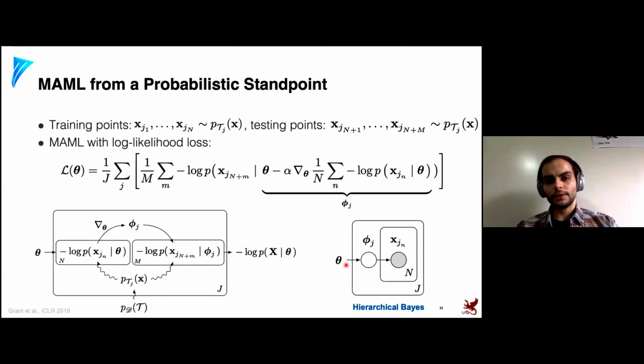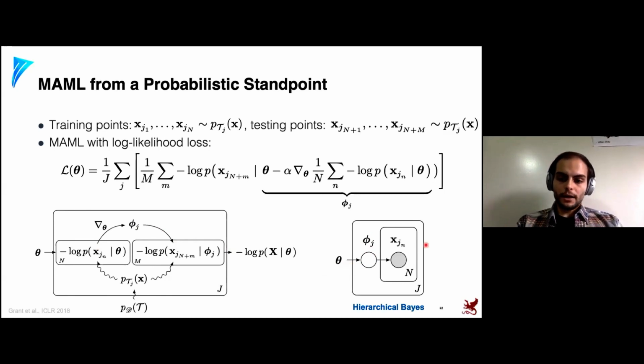This conditional step, the probability of phi_j given theta, in MAML's case is a gradient step, right? More generally and more broadly, it could be an arbitrary conditional distribution.